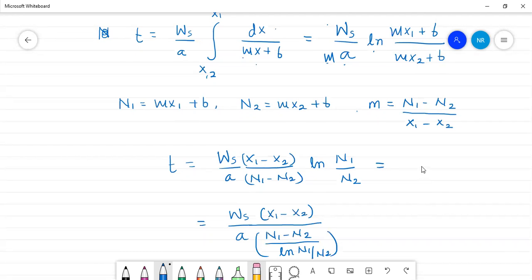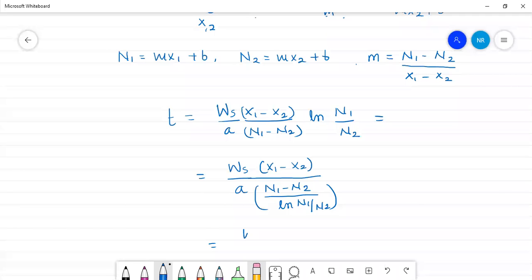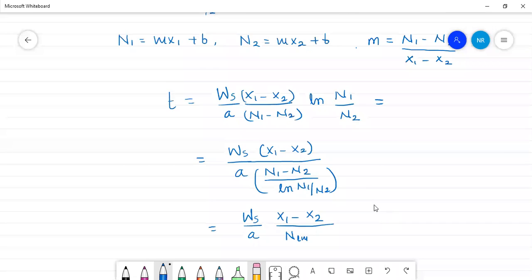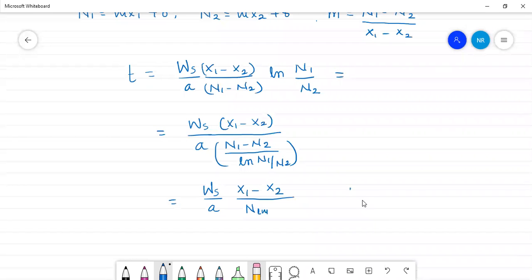So we can also write it as Ws divided by A, X1 minus X2 divided by N, the logarithmic mean rate of drying. Here N_lm is equal to this.